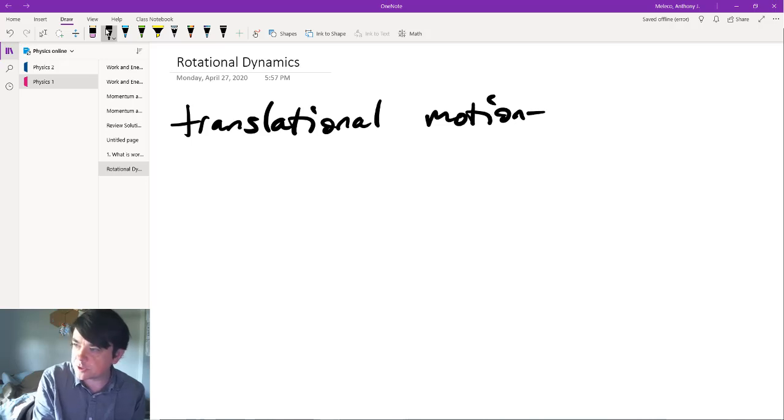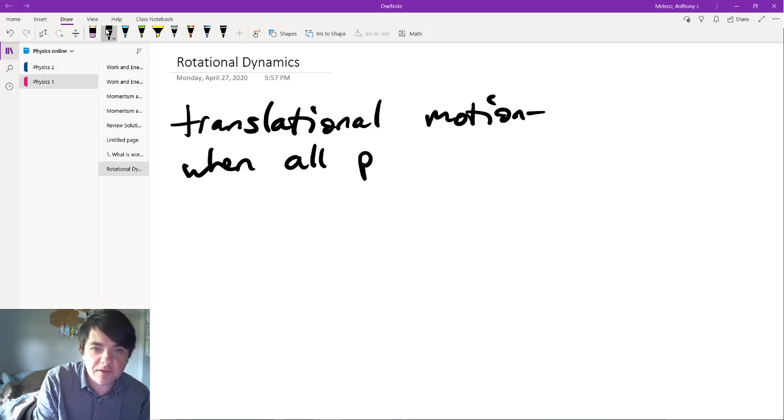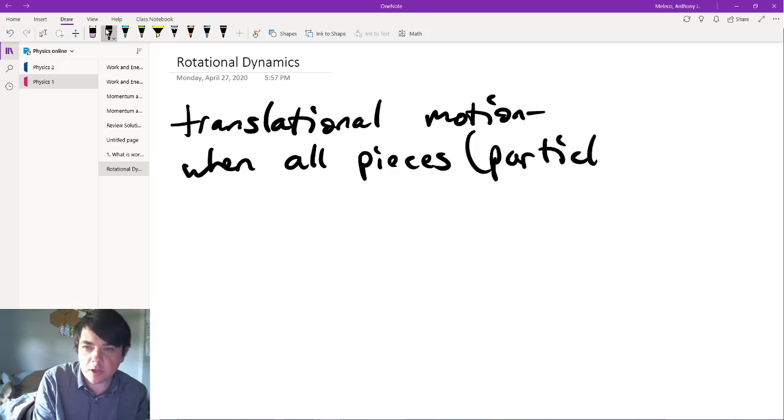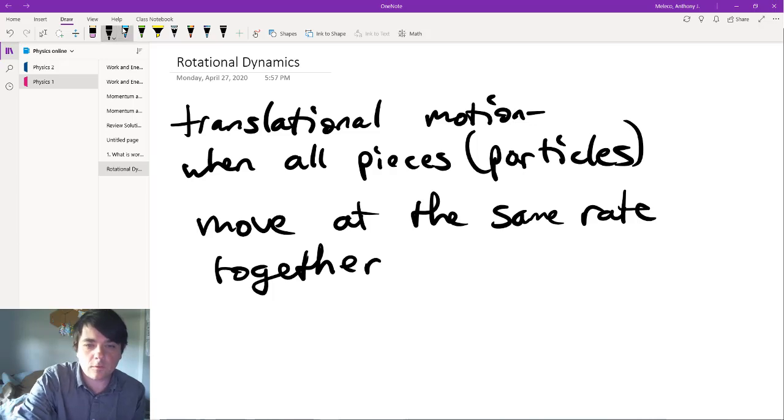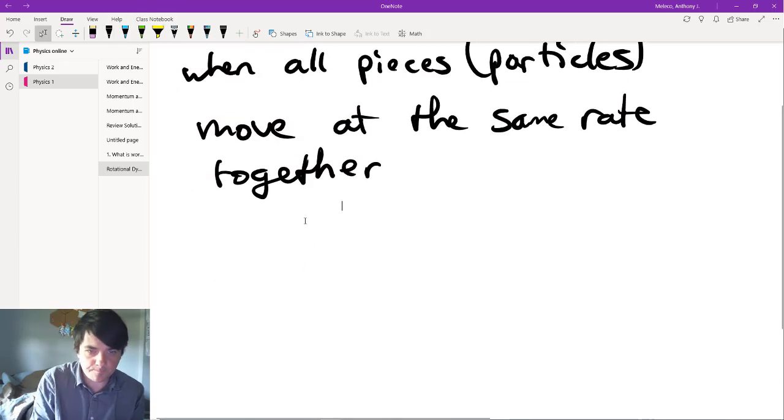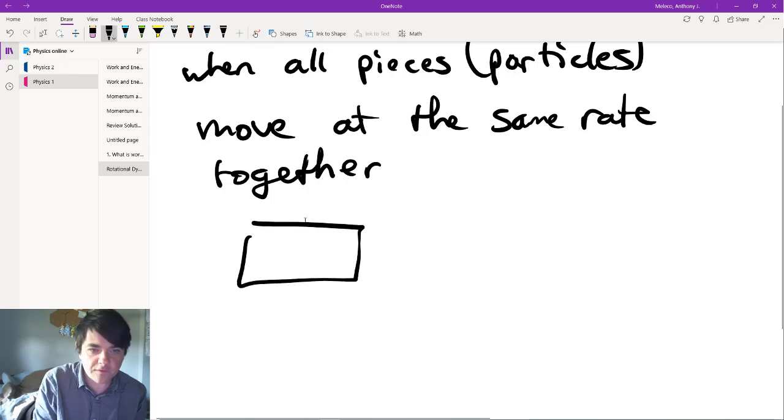So translational motion is when all the pieces or particles that make up an object move together at the same rate. So, for example, you've got some box, and you've got tons of particles within that box.